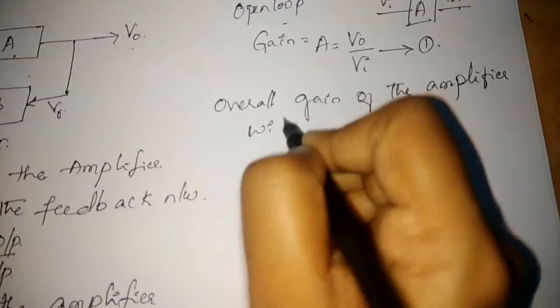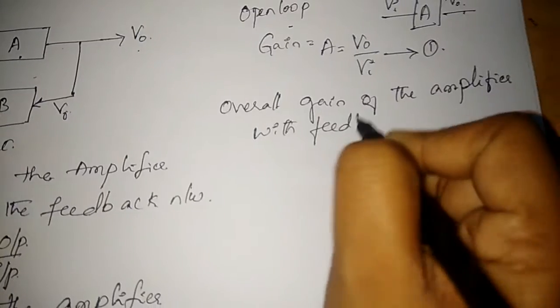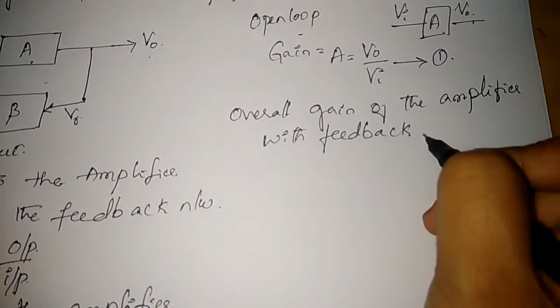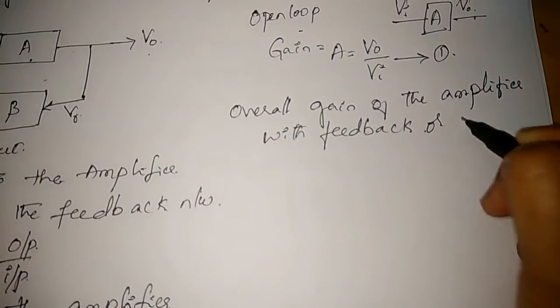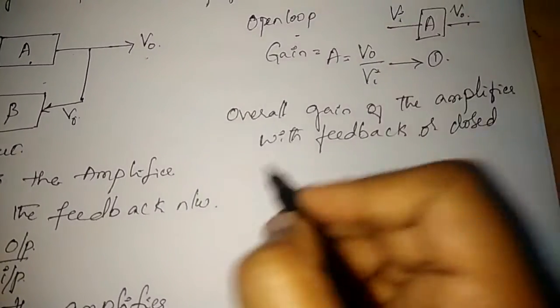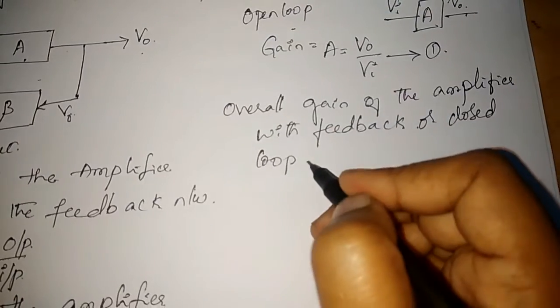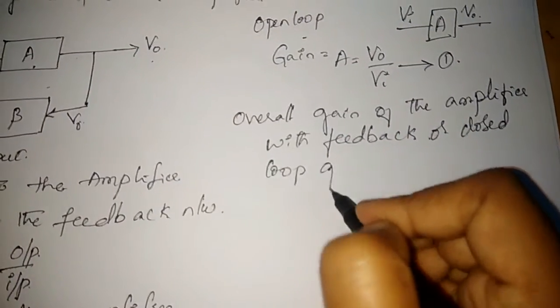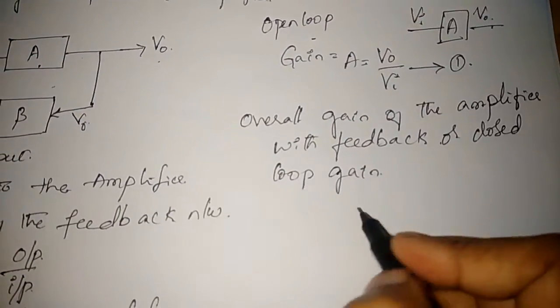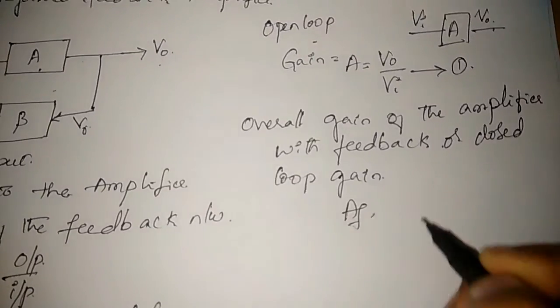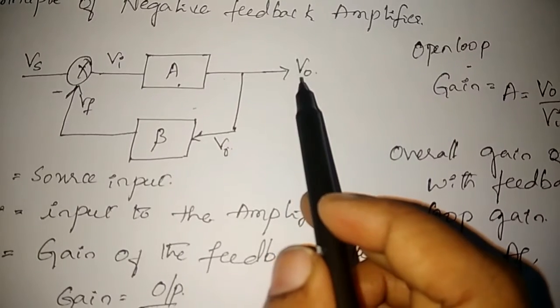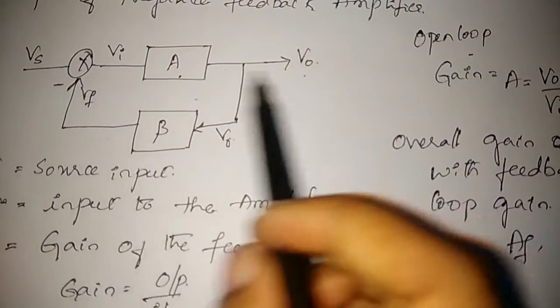This is also called the closed loop gain. Without feedback, it is called open loop gain. With the feedback, it is called closed loop gain, which is represented by AF. With the feedback, that is given by V naught divided by Vs.